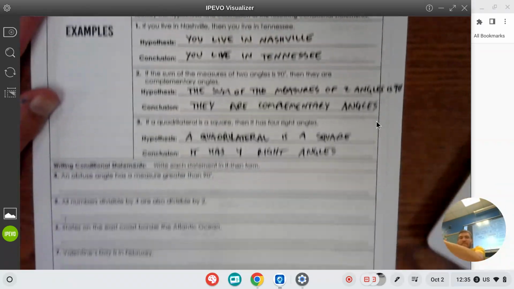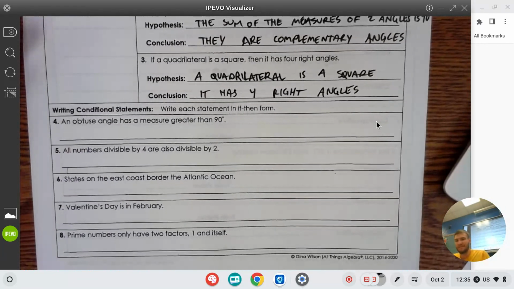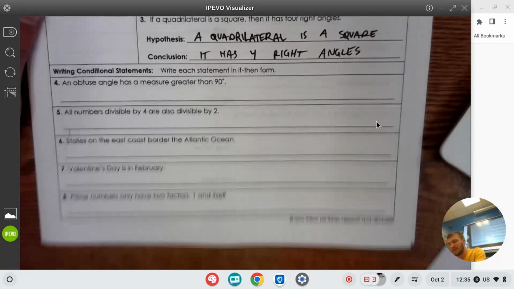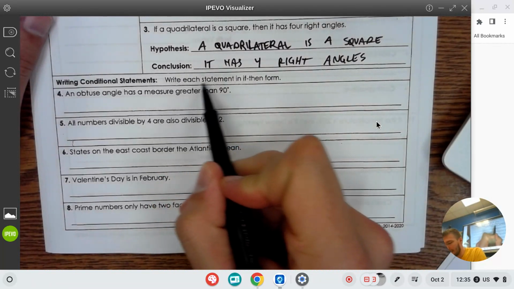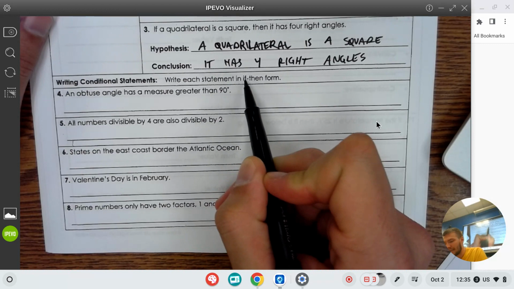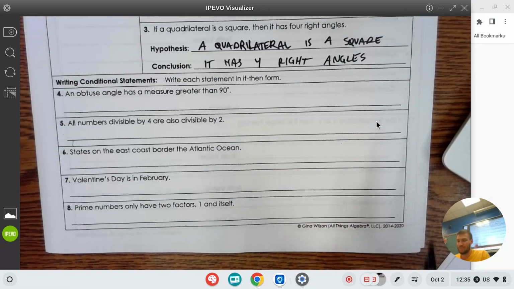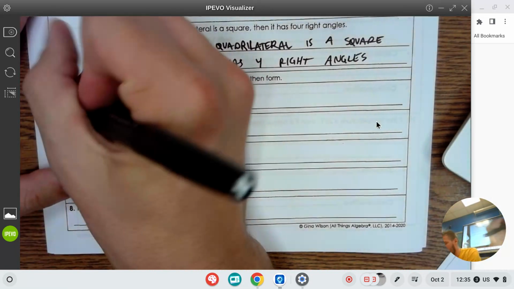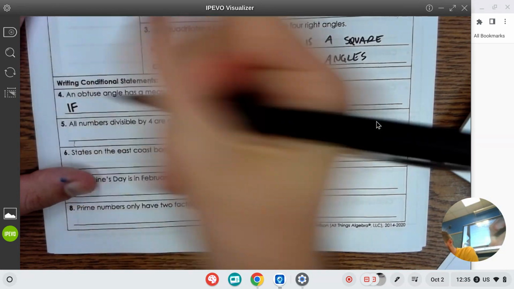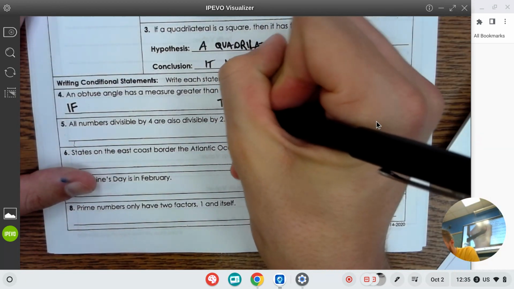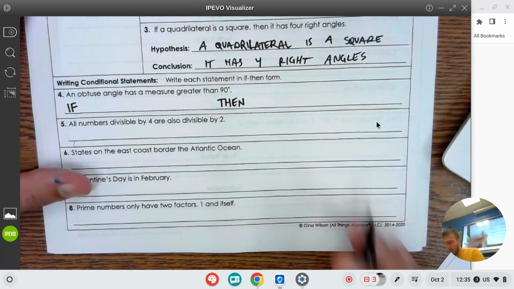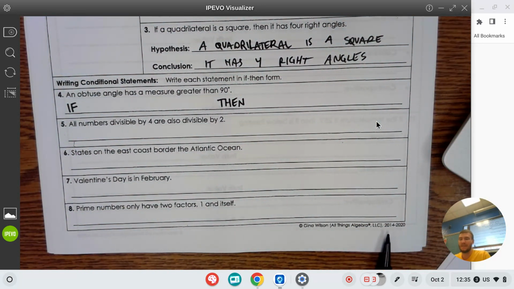Okay? Where you might have a little bit of difficulty is with the bottom part, which says write each statement in if-then form. So, if you want to think about it like this, we're going to need to set up our sentence so that there's an if, then a little piece, and then a then, and then a piece at the end.